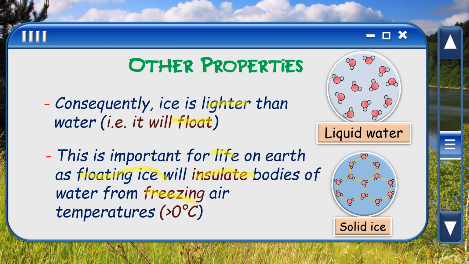Because ice is lighter than water, it comes to the surface and covers it. It then insulates the water below from the freezing air temperature below 0 degrees Celsius above. That means the water below stays warm, so that aquatic organisms can survive during winter.